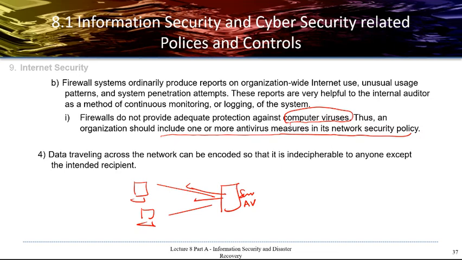Now, what is the advantage? Let's say it is the internet, so it has to get the latest signature from the internet. It gets the signatures, stores them in the AV antivirus server and pushes them out to thousands of machines. If you have a branch network, it pushes it there too. But if you don't have an antivirus server, what will happen?